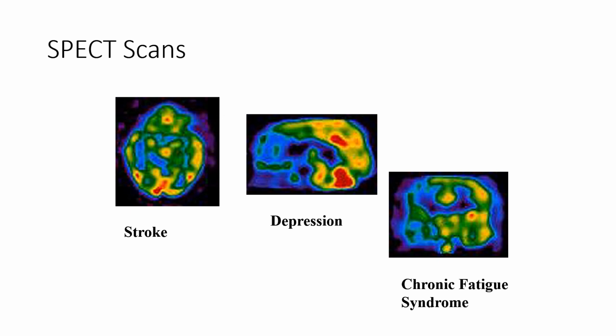And then chronic fatigue syndrome, you can see there are areas there that are not working very well. So I think this is fascinating. I liked reading about it, and I won't share a whole lot more detail about that, but they are becoming more popular and more available.